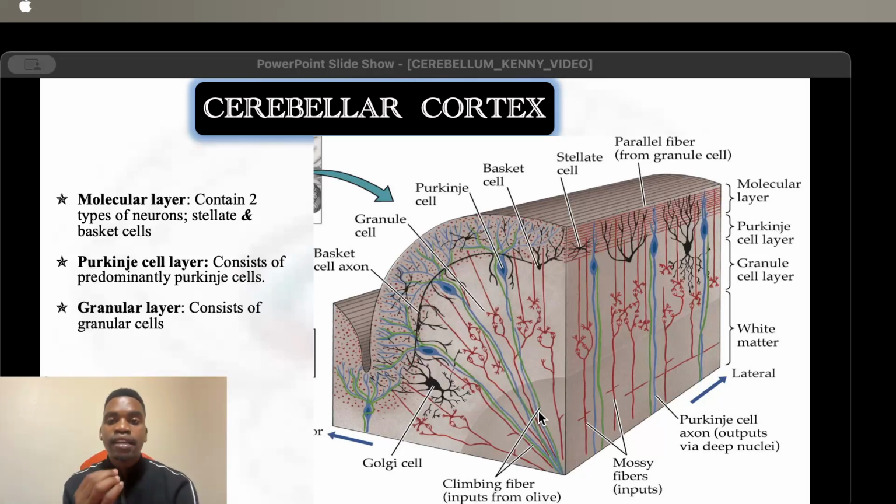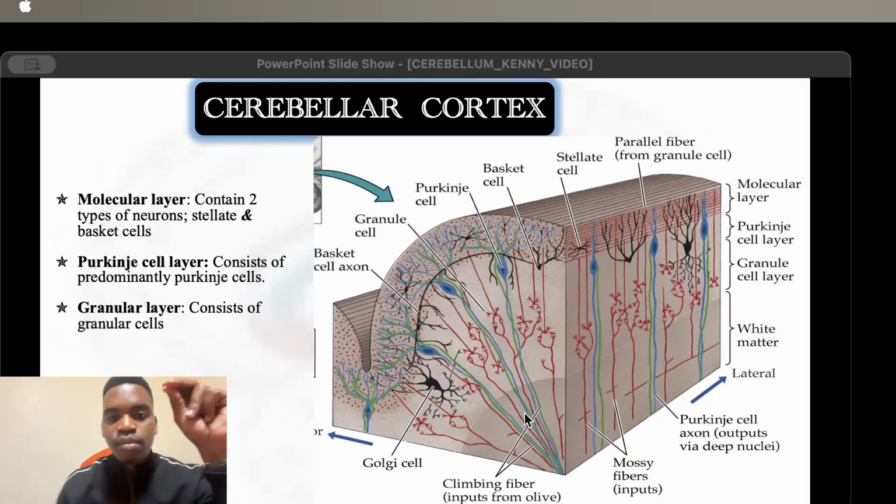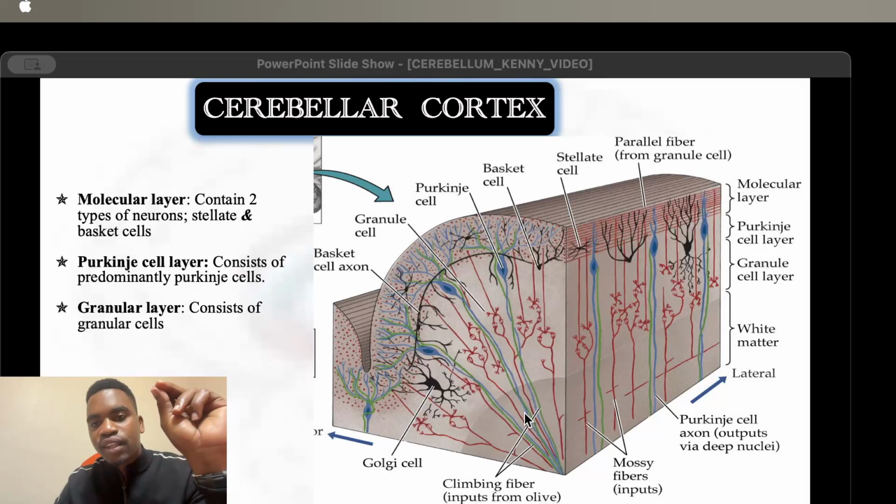These are the main input into the cerebellar cortex. It's not the cerebellum, guys. It is input to the cerebellar cortex, the cortical part of the cerebellum. The cortical part of the cerebellum receives input from the Morse fibers and the climbing fibers.